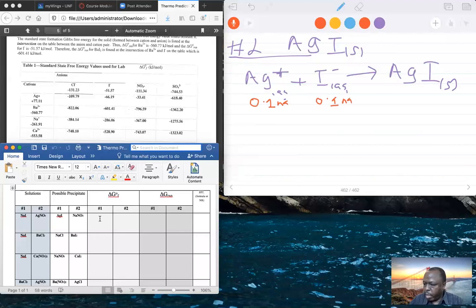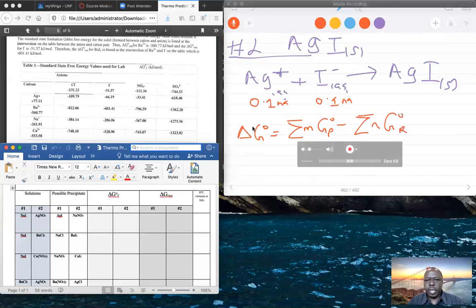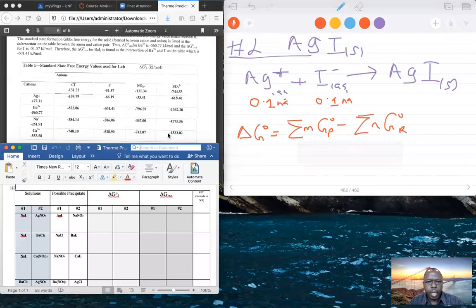So if I want to find the delta G naught for this, it is the sum of n times G naught product minus the summation of n times G naught reagent, R for reagent. Since the coefficient is 1 to 1 to 1, I look at the intersection between silver ion and iodide ion, and I see it is negative 66.19.